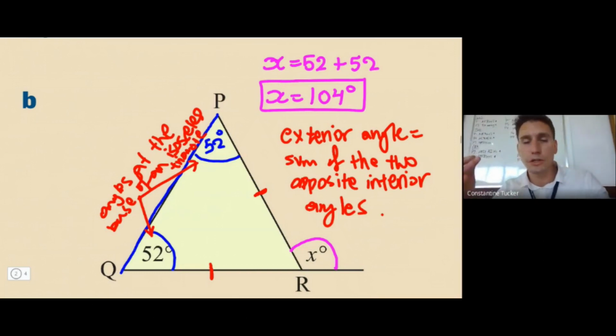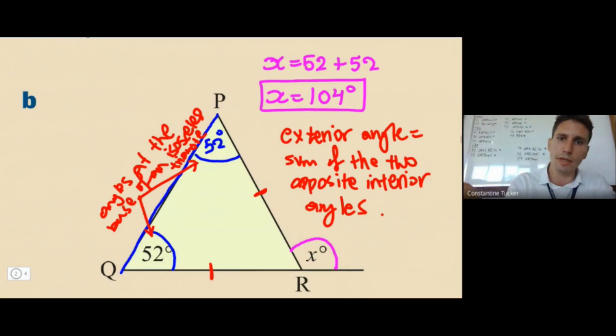Now, another way to do this, the same problem could be solved. Let's call this the first method, if you like. We could have done it slightly differently. So what we could have said is, well, second method, we know that all the angles in a triangle add up to 180.